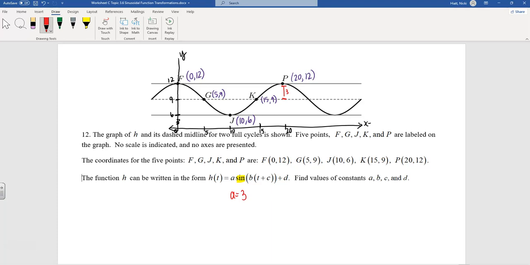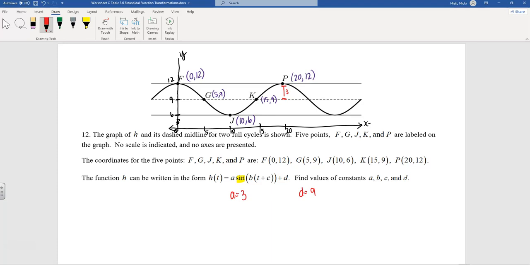What about D? That's the dotted line right here. That is 9, since your y coordinates on that line are 9. Those two are much easier to find.